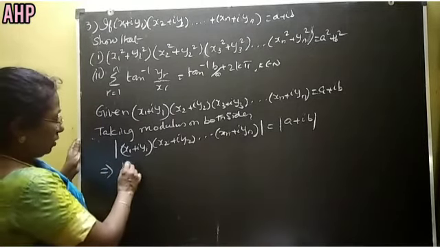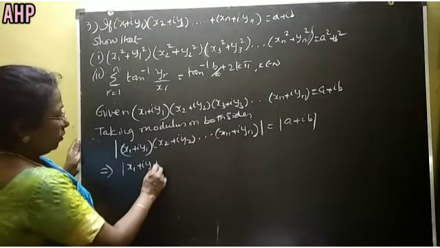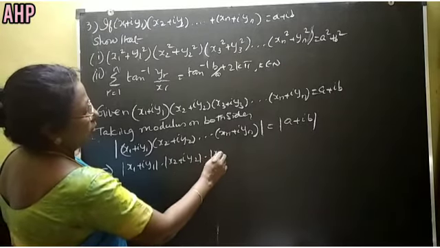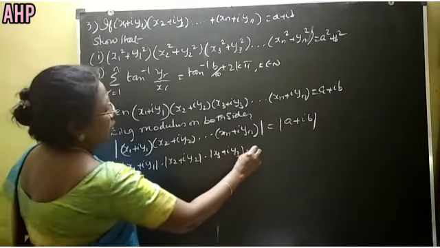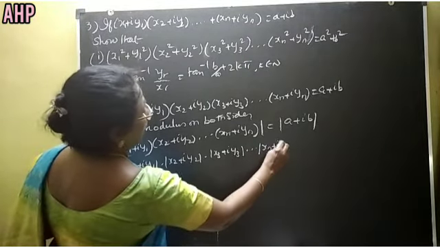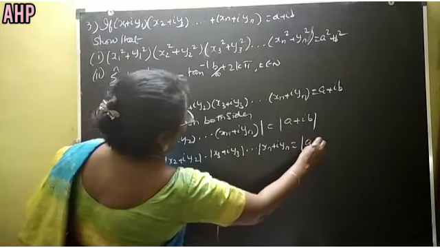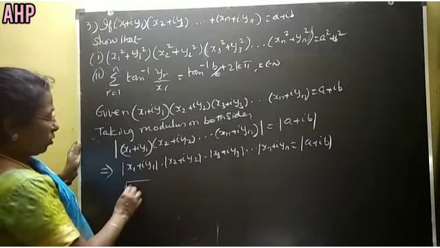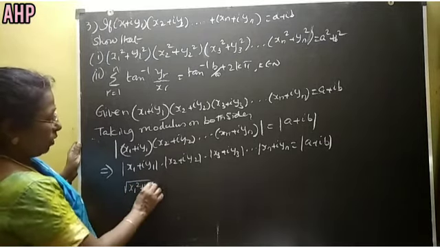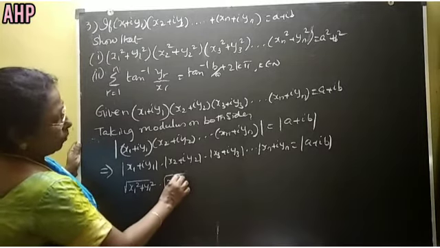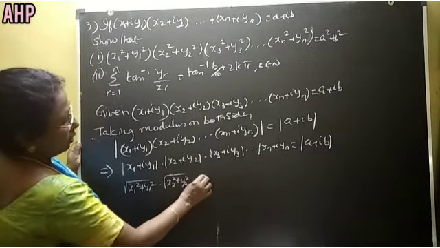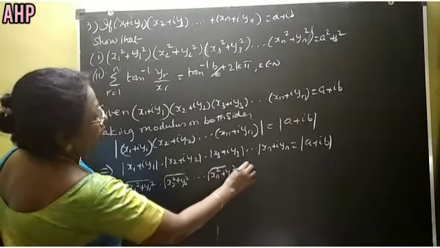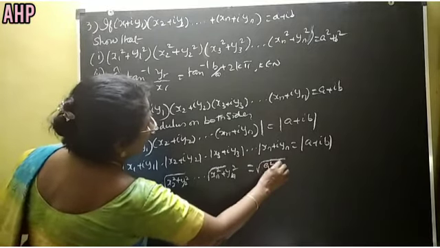Therefore, this gives modulus (x1 + iy1) into modulus (x2 + iy2) into modulus (x3 + iy3)... modulus (xn + iyn) is equal to mod of a + ib. Now modulus of x1 + iy1 is root of x1 square + y1 square, into root of x2 square + y2 square, etc., root of xn square + yn square, equal to root of a square + b square.